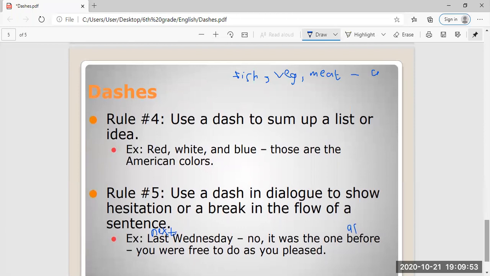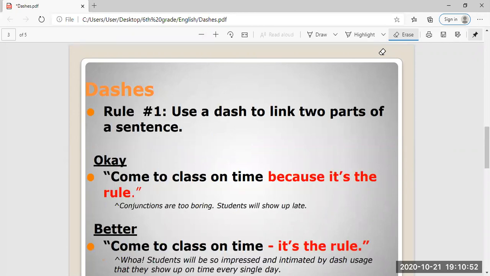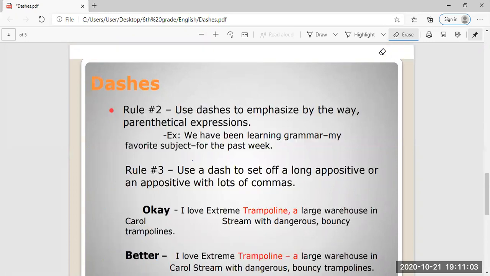Let us go make a quick revision of what we took. We already know that dashes add emphasis and make sentences stronger than conjunctions. Rule number one was to use a dash to link two parts of a sentence instead of a conjunction.